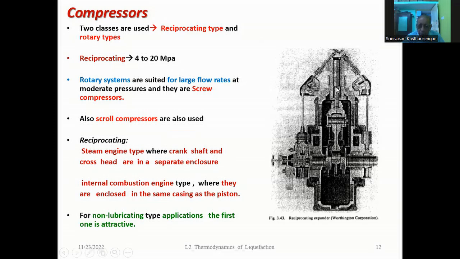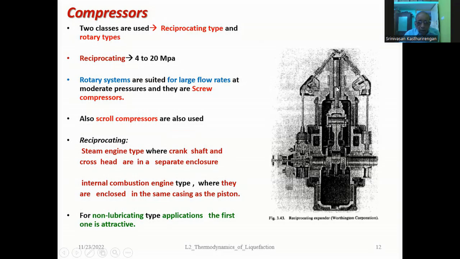As you can see, the piston is moving within this zone, and the rotary motion of, let us say, a crankshaft is converted to the up and down motion, the reciprocating motion, by the use of an appropriate crosshead, etc. A typical steam engine, for example, would use this type of expander.